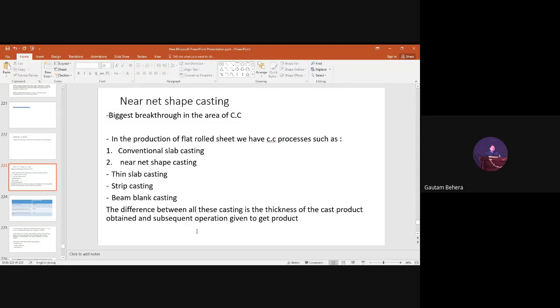Another difference is the subsequent operation given to get the final product. Here, subsequent operation means I'm talking about the rolling part, basically. Here, more rolling operation will be given, or less rolling operation, or a single rolling operation will be given, so that we will get a final product. That will also differentiate the conventional slab casting from the thin slab casting or strip casting.